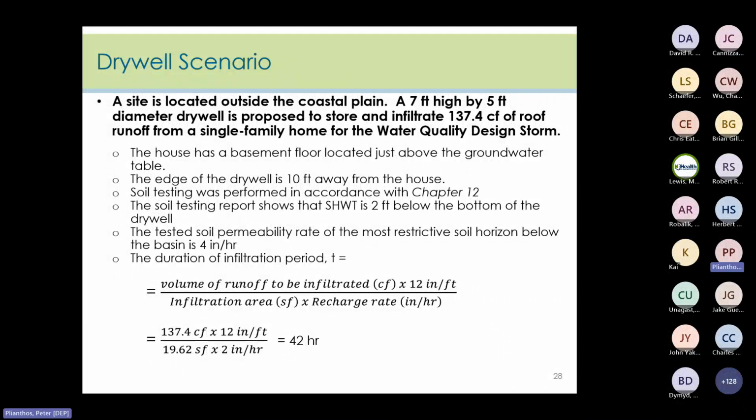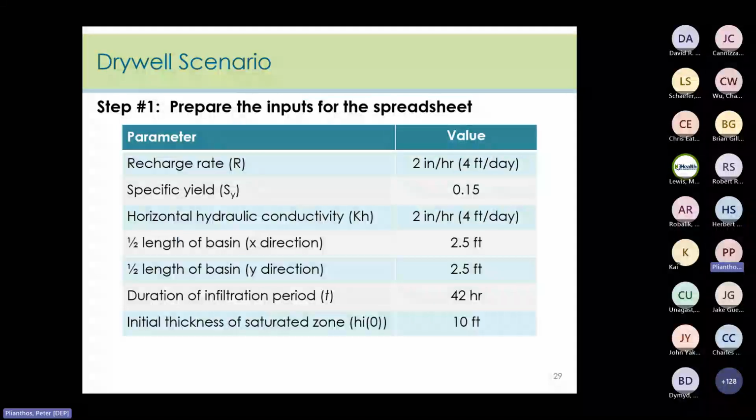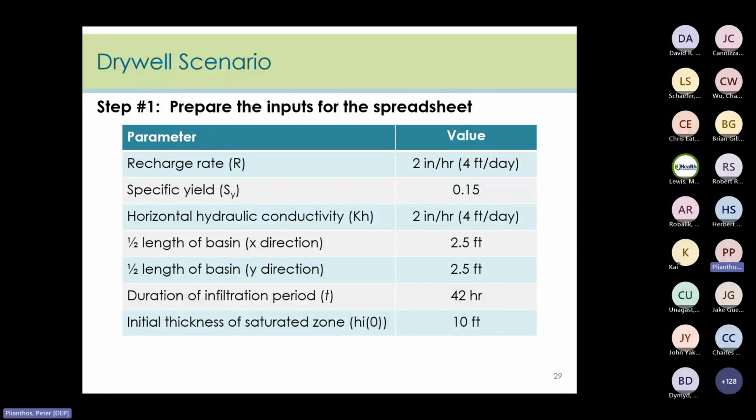All right, and keep in mind that the dry well is circular, so we calculate its area to be 19.6 square feet and input it into the equation to calculate that duration of infiltration period. Using the same type of chart, here are the values for our input parameters. 1/2, the slowest tested saturated soil hydraulic conductivity rate is used for the recharge rate in the spreadsheet.